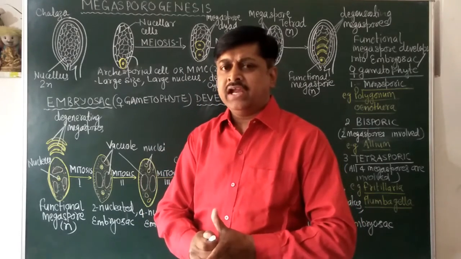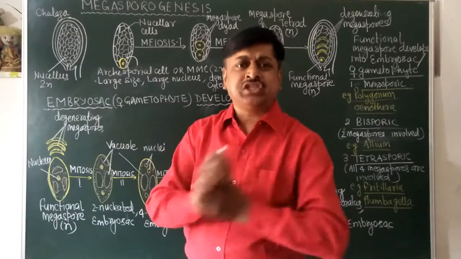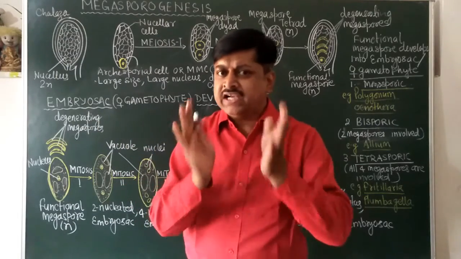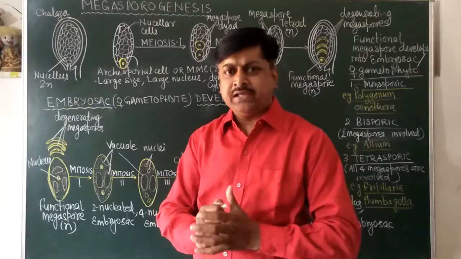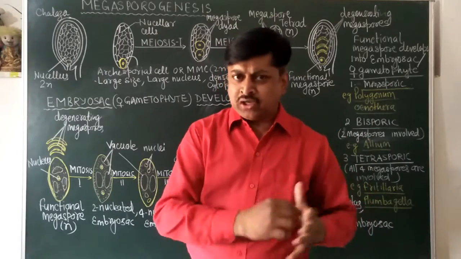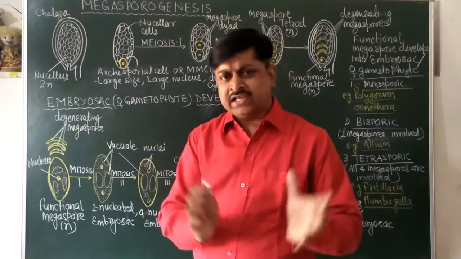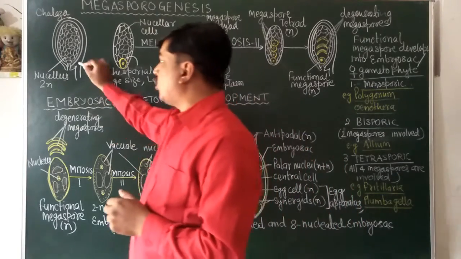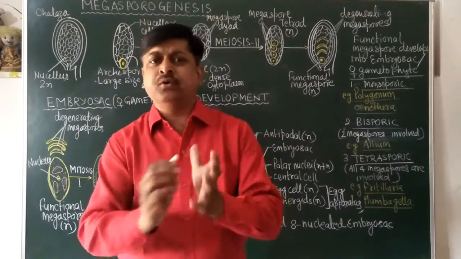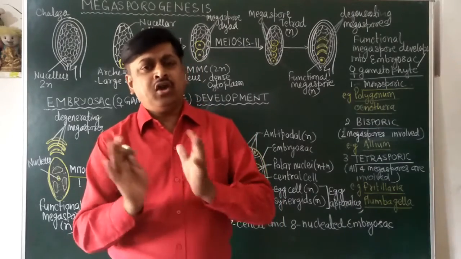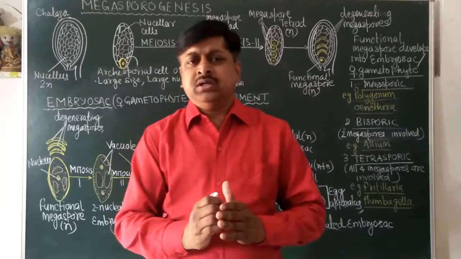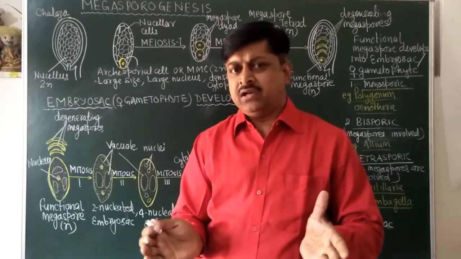Clear? And it is differentiated from the rest of the cells as it contains dense cytoplasm and a prominent nucleus. Clear? Large size, prominent nucleus and dense cytoplasm. And now this cell is called the archesporial cell, or we also use the term megaspore mother cell.